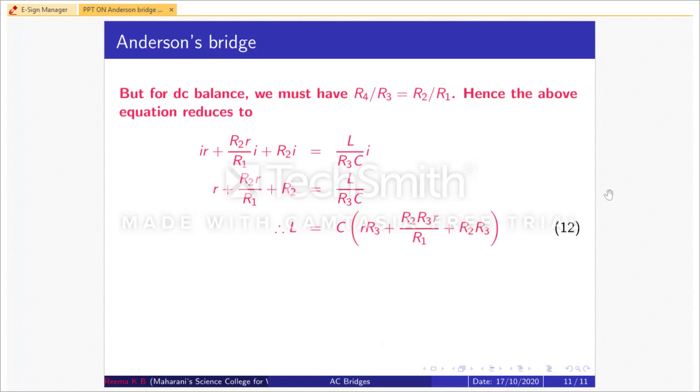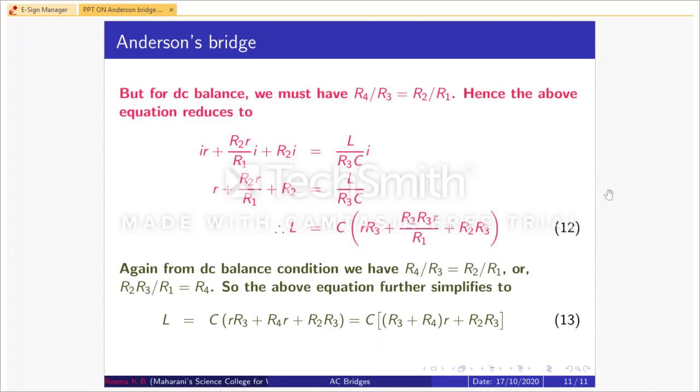Therefore, we obtain inductance L included in the circuit is equal to C times R into R3 plus R2 into R3 into R divided by R1 plus R2 times R3. Again, from DC balance condition, we have R4 by R3 is equal to R2 by R1, or R2 times R3 divided by R1 is equal to R4.